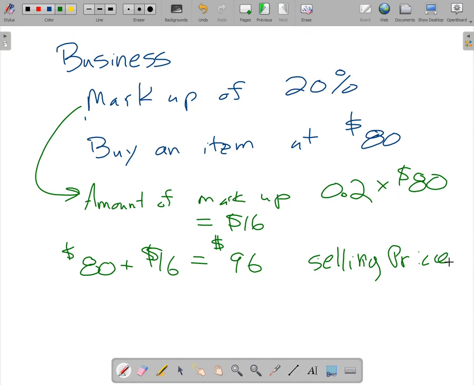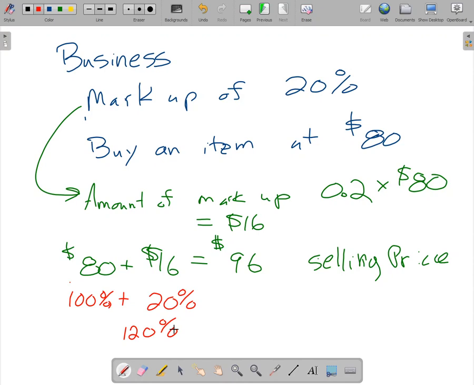Now just note here, the $16 represents the 20% that we started with. What percent is the 80 going to be then? It's 100%, that's the original amount. So the 80 is 100% because it's what we started with. 100 plus 20 gives us 120%.